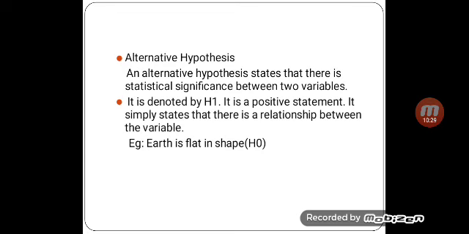If it is true, then it will become an alternative hypothesis. If it is false, it will become a null hypothesis. Obviously, it is a false statement, so it is a null hypothesis. The next statement: the earth is spherical in shape. It is a true statement, so it will be an alternative hypothesis.